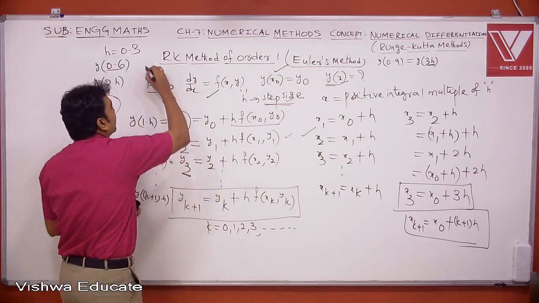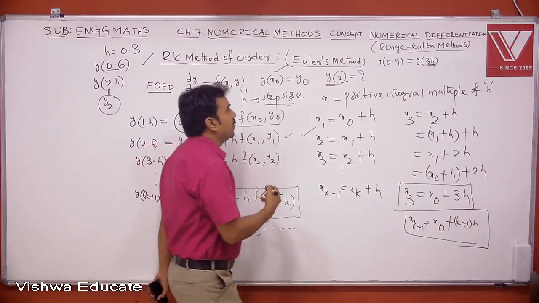Note these points. First one, RK method of order 1, that is Euler's method.